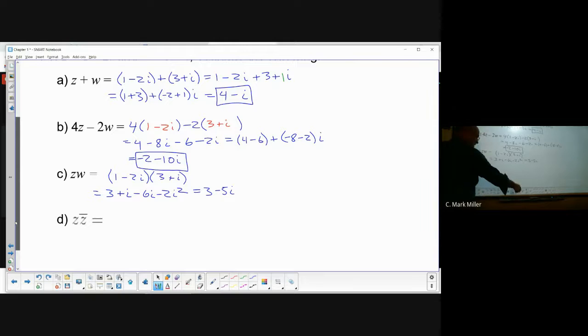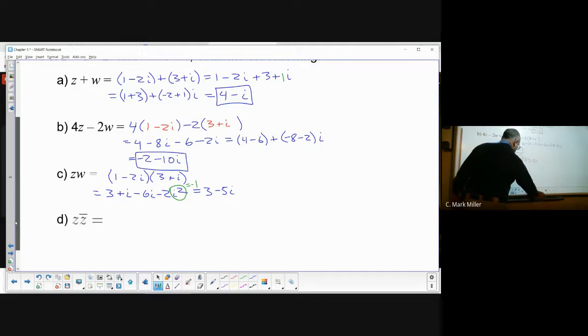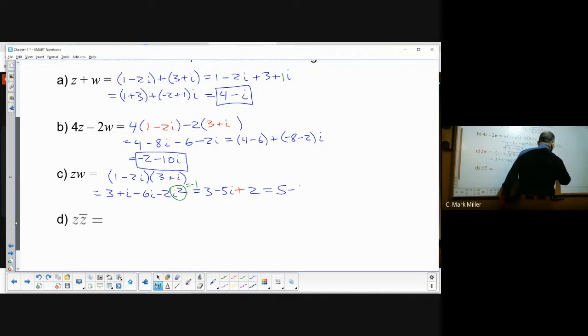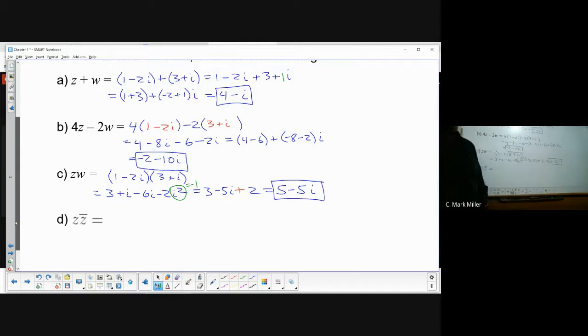So this little guy becomes a minus 1, which turns that into a plus 2. That gives me 5 minus 5i. It doesn't really look like either of the numbers it started with, so it's hard to see patterns between these two and the product.